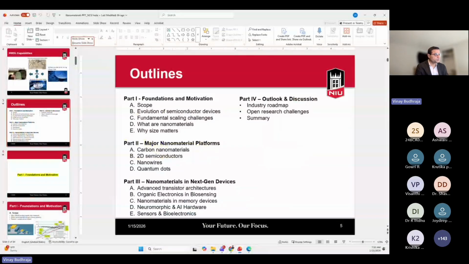Part three covers nanomaterial in next generation devices, which has the advanced transistor architectures, organic electronics in biosensing applications, nanomaterials in memory devices, neuromorphic and AI hardware, sensors and bioelectronics. And then part four is mainly about the outlook and the discussion, which covers the industrial roadmap of semiconductor technology, open research challenges, and finally the summary.